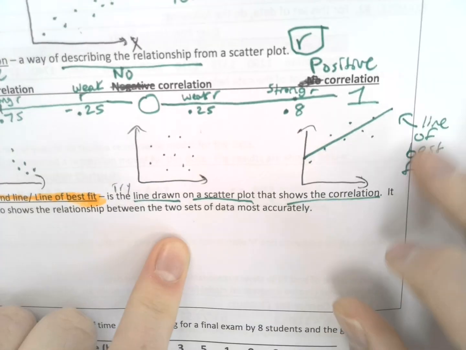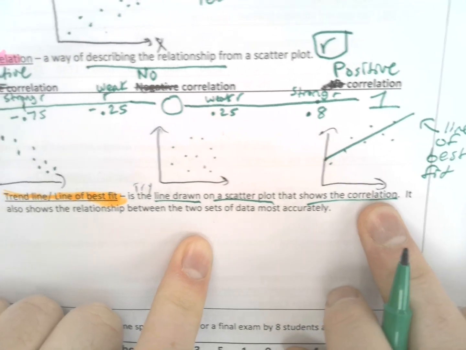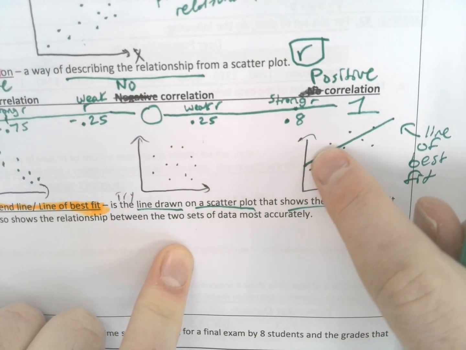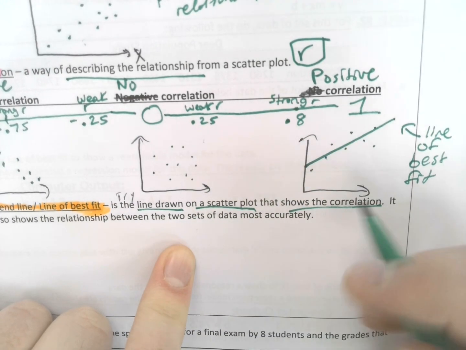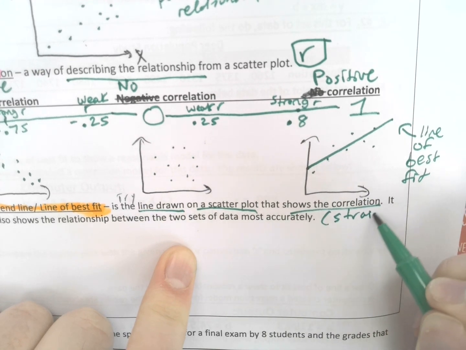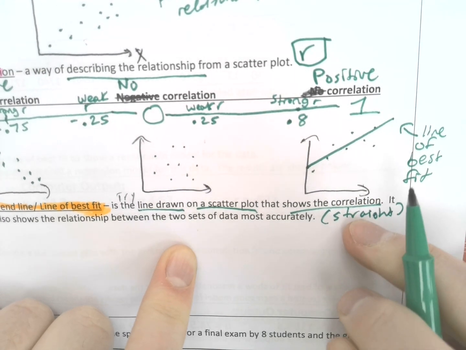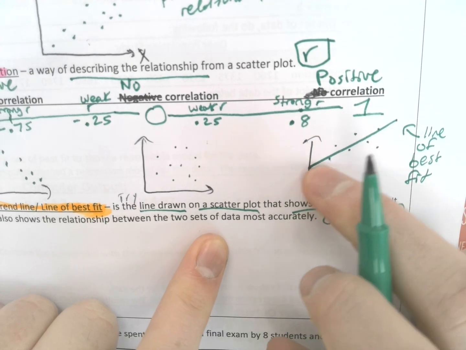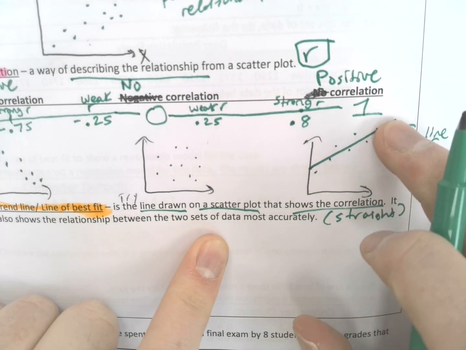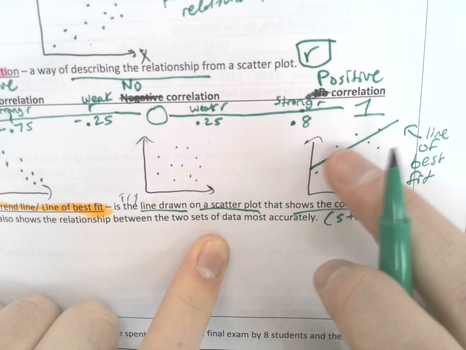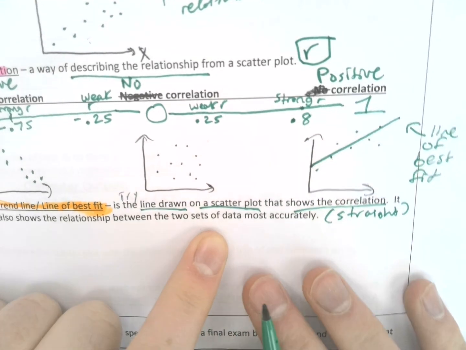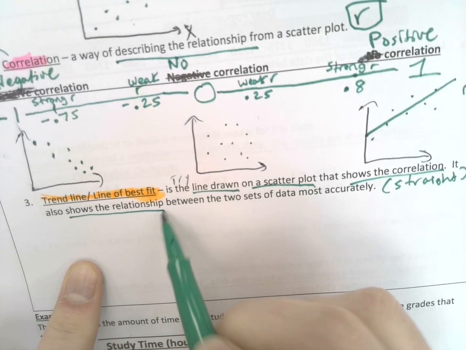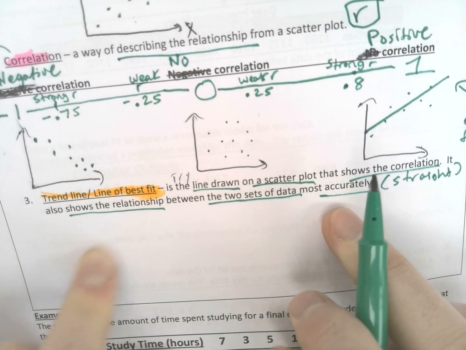That might be the line of best fit. It shows the correlation. So we see this line is a straight line, it has to be straight, and you'll see why. It involves a linear equation like what we did back in chapter 3. But we see it represents these dots and is close to as many as possible. It also shows the relationship between the two sets of data the most accurately.